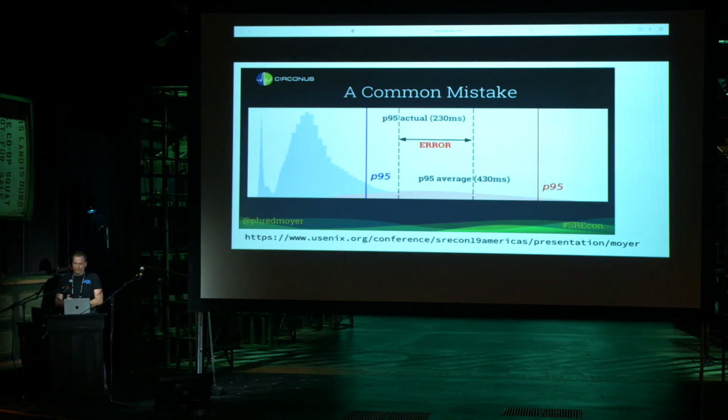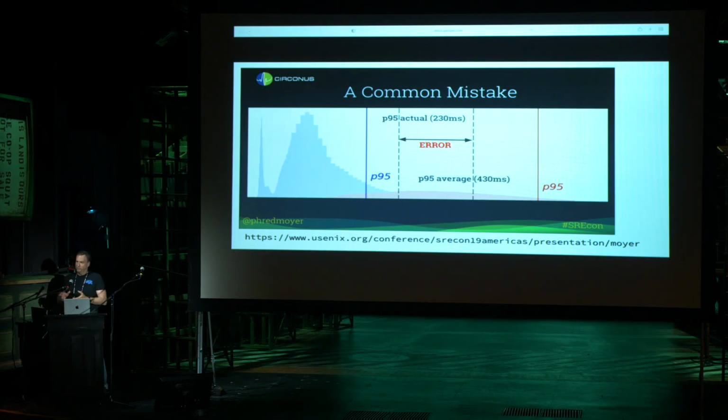This is a slide from an SLO presentation, Latency SLOs Done Right, that I gave at SRECon 2019. And it illustrates a common mistake. These are two different latency distribution profiles, which are meant to represent service nodes that are behaving differently. The blue distribution represents a bimodal latency profile with lower latencies than the single mode red latency distribution.